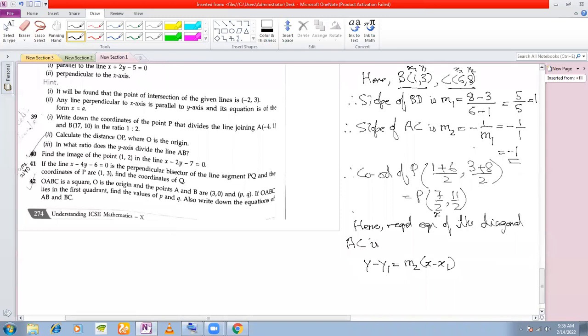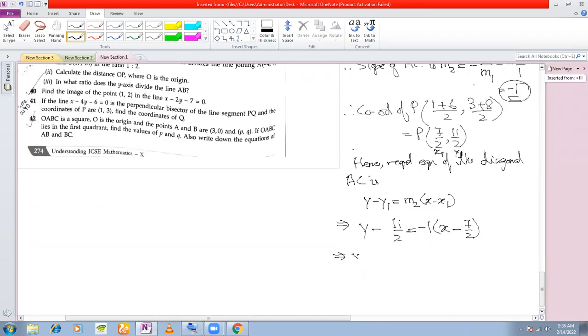Now, which one is your x1, y1 in this case? This time, this is your x1, y1, right? Because this is the point through which the line passes. So y minus y1 here is y minus 11 by 2 equal to, and what is the slope of this line? Minus 1 into (x minus x1), which is 7 by 2.